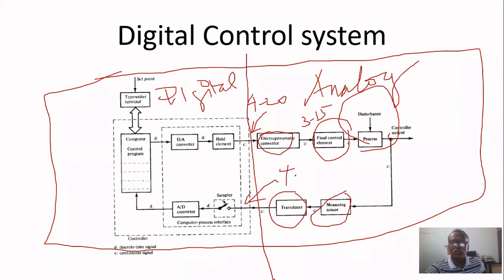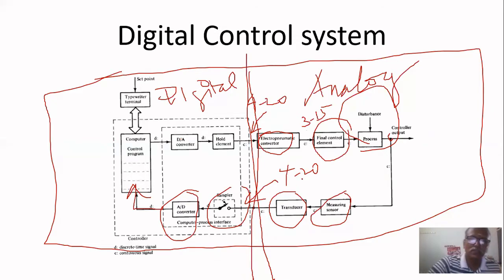That is converted into voltage, then sampled by the sampler, and the ADC converts it into a digital signal. So left of this line, everything is digital. That's why it is called a digital control system. But the process is always analog only.